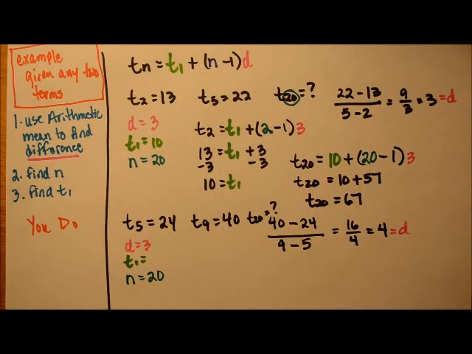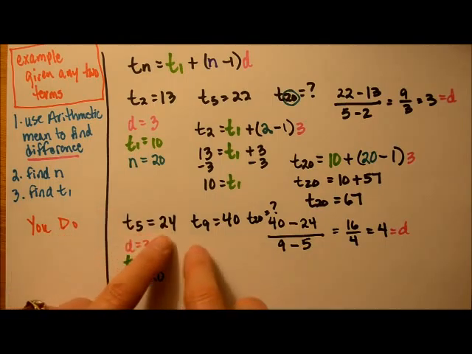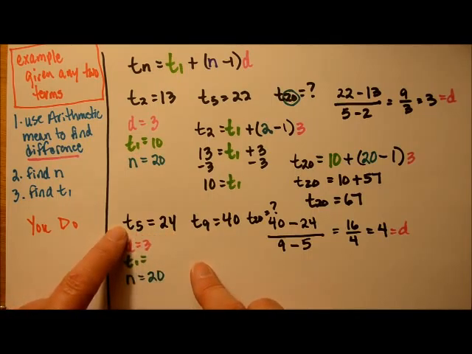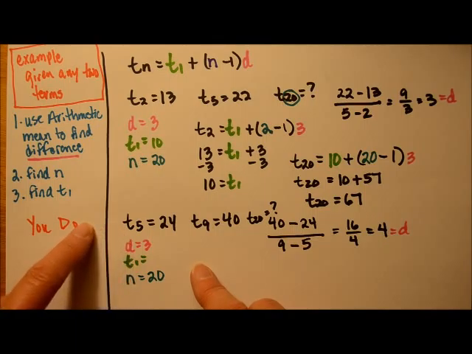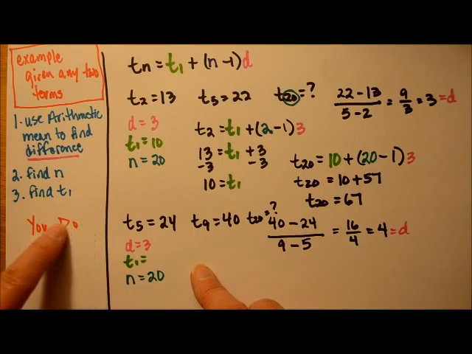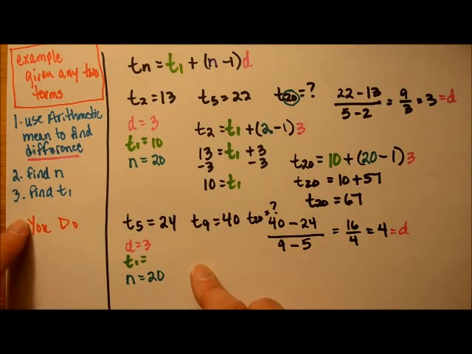Alright, well I need T1, and I have T5. I could kind of think about it and go, okay, well let's see, then that means T4 is 21, and T3 is 18, T2 is 15, T1 must be 12, if you did it that way.